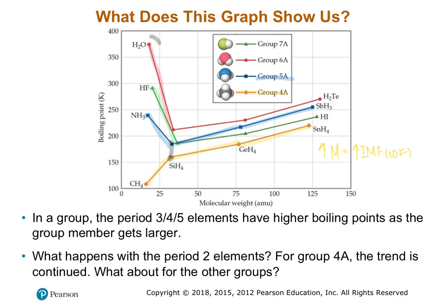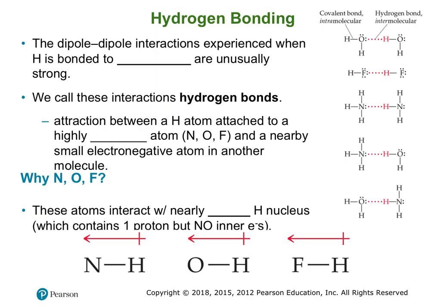But something weird is happening with this group, the first elements in period 2. So we see that for the period 3, 4, and 5 elements, as their molar mass gets higher, their boiling points get higher. But for period 2 elements, after 4A, so after carbon, the trend is a little weird. So let's figure out why.